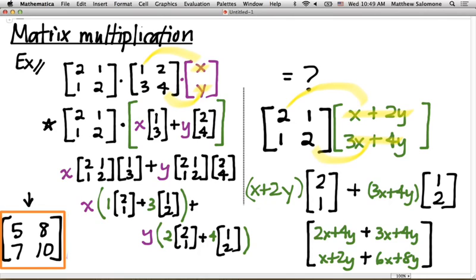In fact, if we do out this arithmetic, you'll find that 1 times 2, 1, plus 3 times 1, 2, is indeed 5, 7. And then likewise, 2 times 2, 1, plus 4 times 1, 2, is 8, 10.